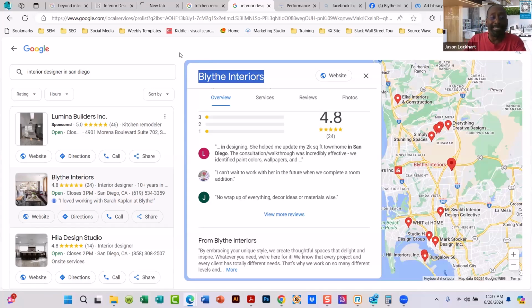So for instance, if they were getting a lot of junk from the interior designer keyword, they may say that's a negative keyword for them. Don't show up for any of these keywords because all the leads that are happening from here are not quality. They're either price shopping, they're looking for something, they're not within the budget that we're after, whatever.